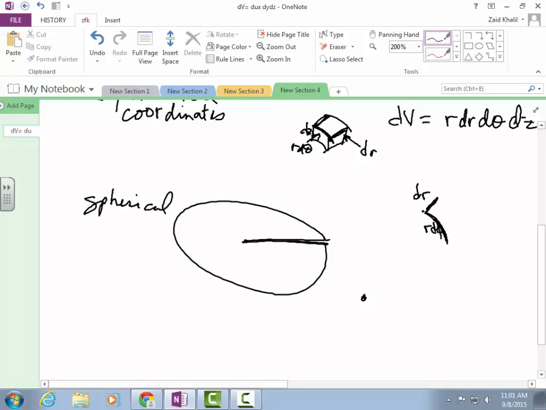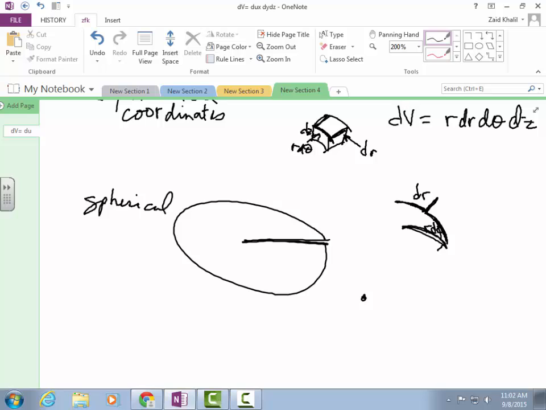Now, how's d theta going to go? d theta is going to be like this. This is extremely difficult to draw. So that's coming out of the board. This angle is d phi.